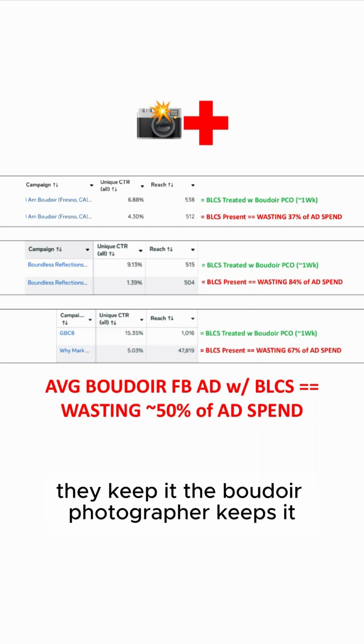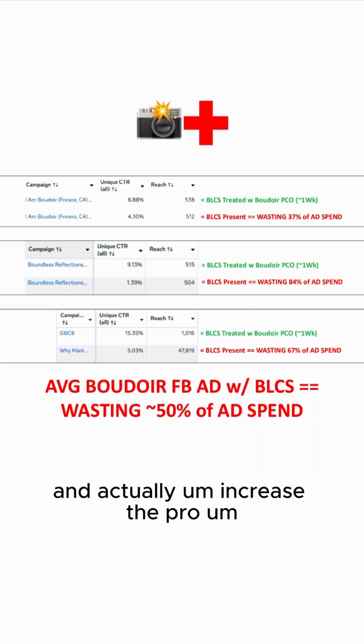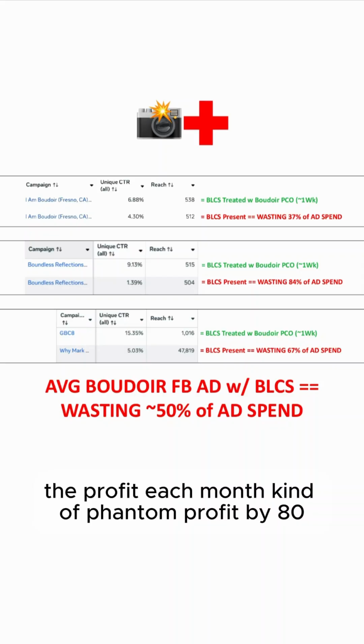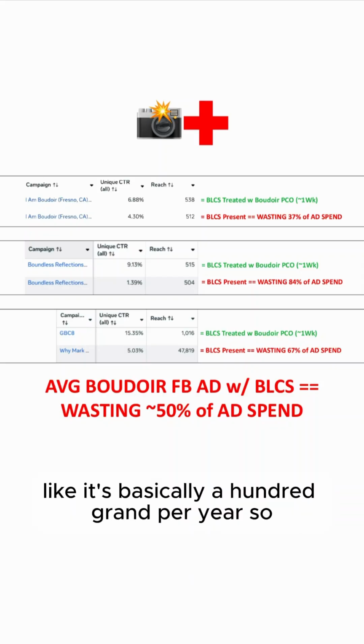The boudoir photographer keeps it. No longer has to spend it, and we actually increase the profit each month, kind of phantom profit, by 8,400 staying in the boudoir photographer's pocket. It's basically like 100 grand per year.